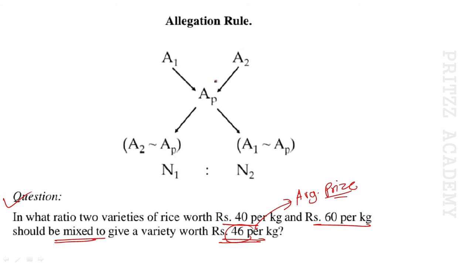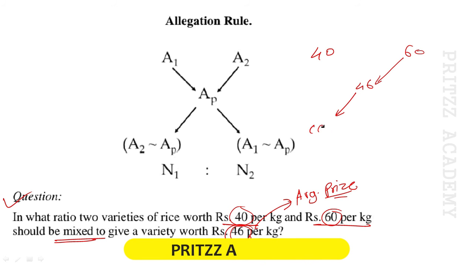Okay, so here to apply the allegation rule, what is the allegation rule? We have to write this for two prices, the first one is 40 and the second is 60, and the average price given is 46. Now subtract this 46 from 60, so, sorry, 60 minus 46, and here 40 minus 46.